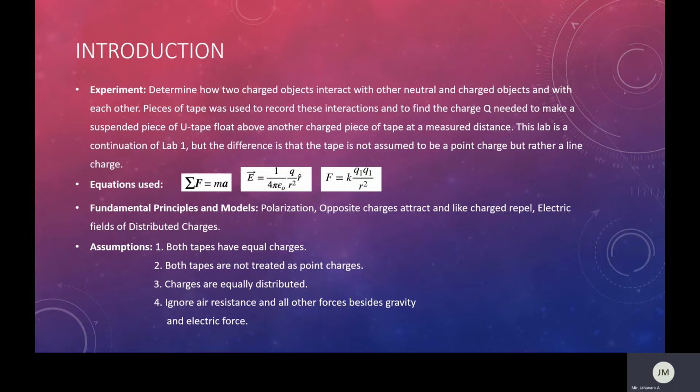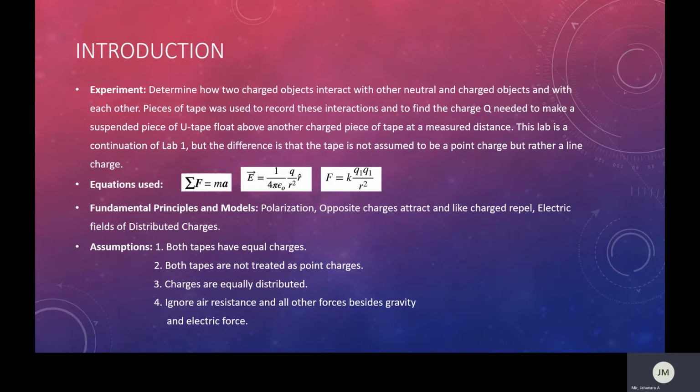We also use Coulomb's law, which says opposite charges attract and like charges repel. We also use the electric fields of distributed charges, where we divide the charged objects into a series of point charges, find the electric field, and sum them up, and also the superposition principle.